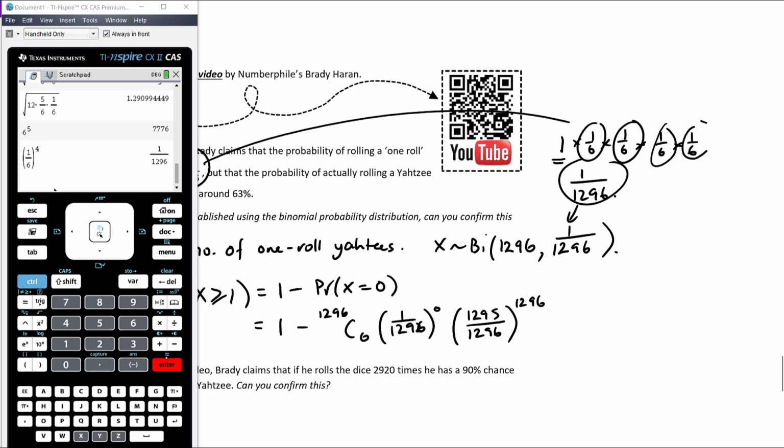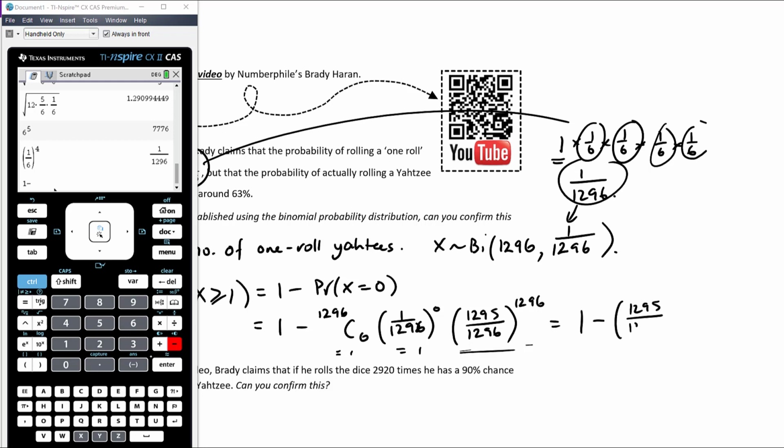If we calculate that, that's 1, so we're really just working out this bit: 1 minus 1295 on 1296 to the power of 1296.